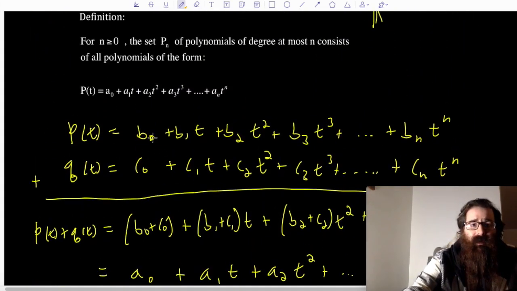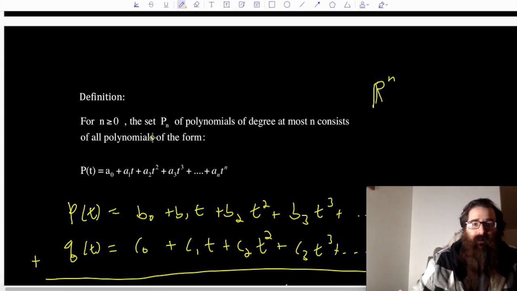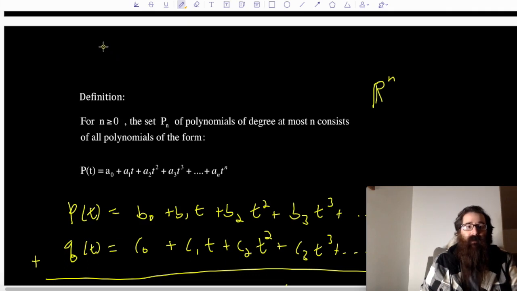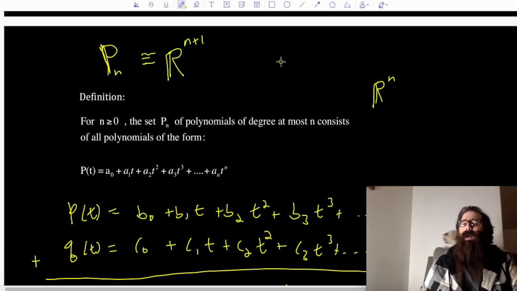What's very interesting about the polynomial space is that we could make the following claim. We could say that polynomial space Pn, P with this subscript n, is going to be isomorphic to traditional vector space R^(n+1). We'll think, well, why is that?